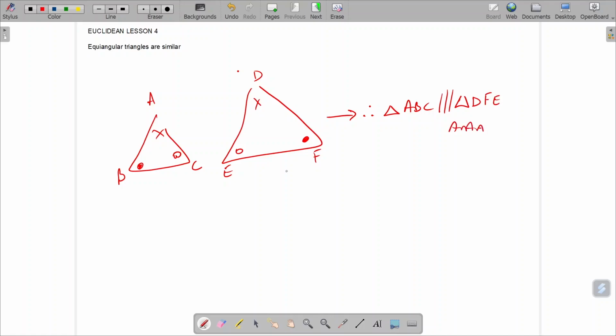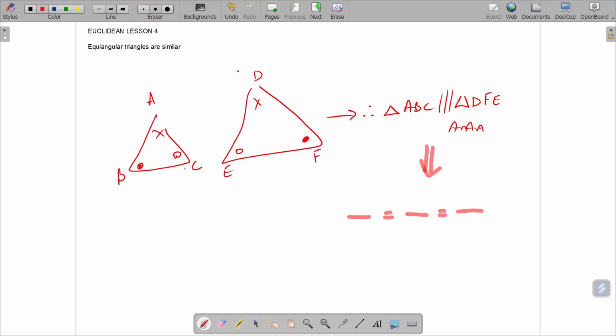And we said importantly, and this is the key point I'm making now, we then knew that this led to the idea that these sides were in proportion.